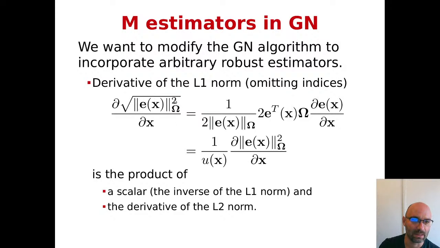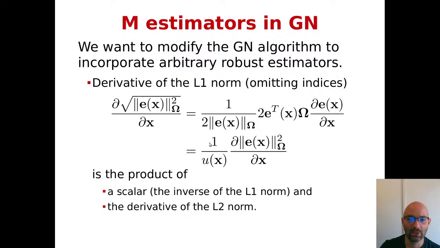But the argument is just the L2 norm, and so we can just copy and paste the derivative that we computed in the previous slide. Now, let's call the L1 norm, and then the 2 and the 2 get deleted. Let's call the L1 norm evaluated in x a scalar function of x, which we call u of x.